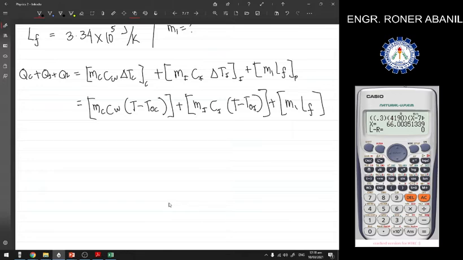Ganda, no? Pwede natin ilagay dito yung mga given. Dahil ito is naka-equal to 0, hanapin na natin si MI.